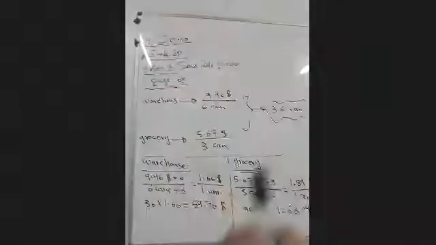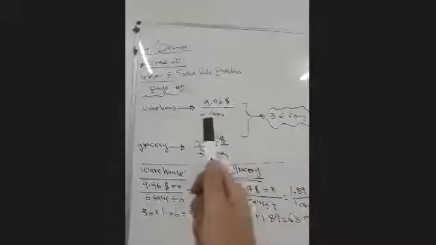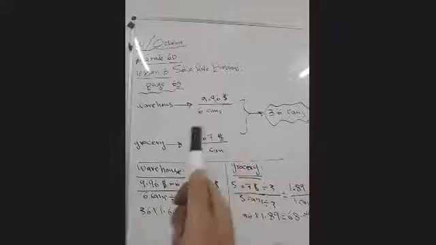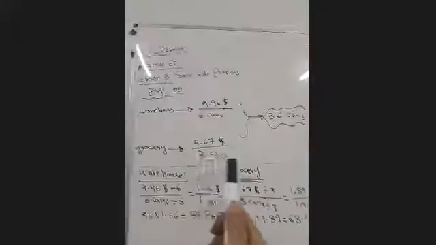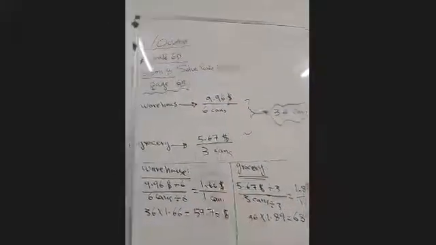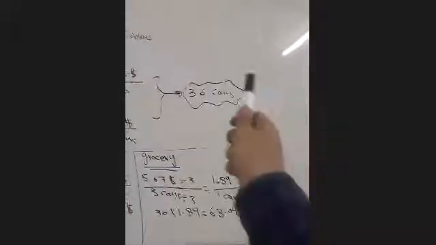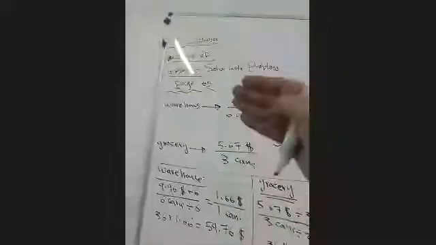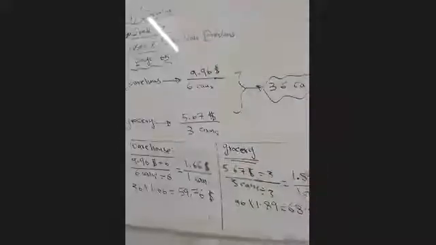Now, guys, let me summarize what we did here. We have 2 stores: the warehouse sells 6 cans for $9.96, and the grocery house sells 3 cans for $5.67. Someone wants to buy 36 cans, and he is confused whether to buy from this one or this one and how much he will save.